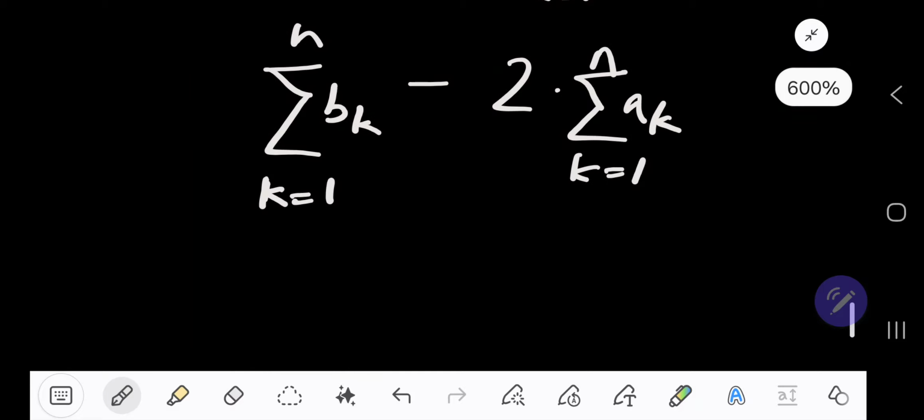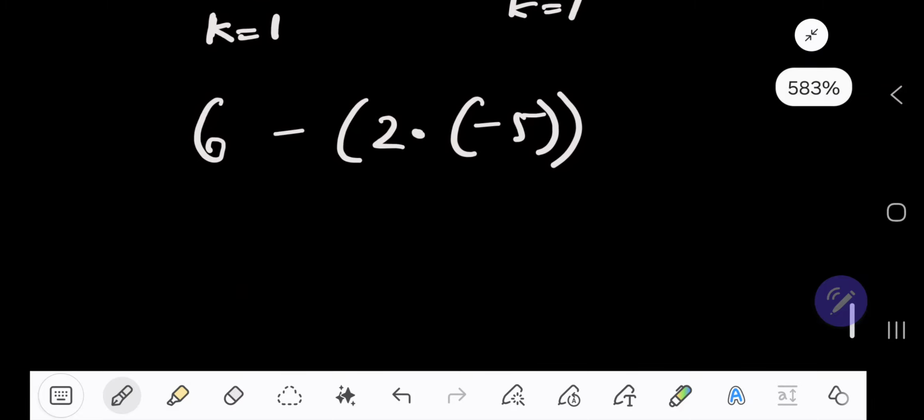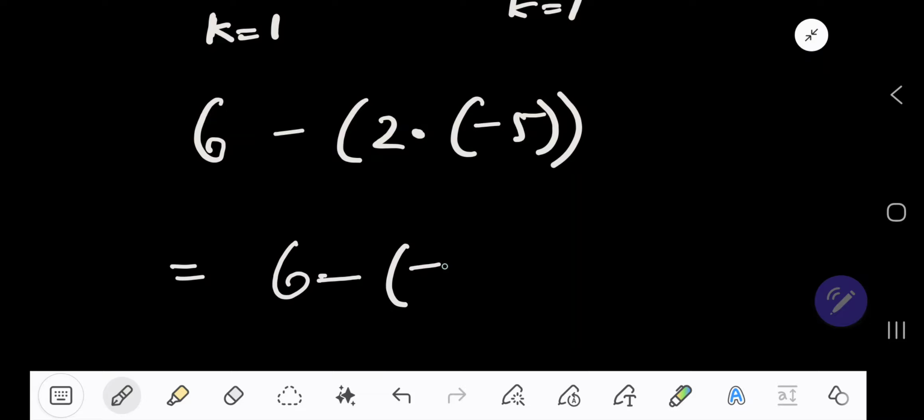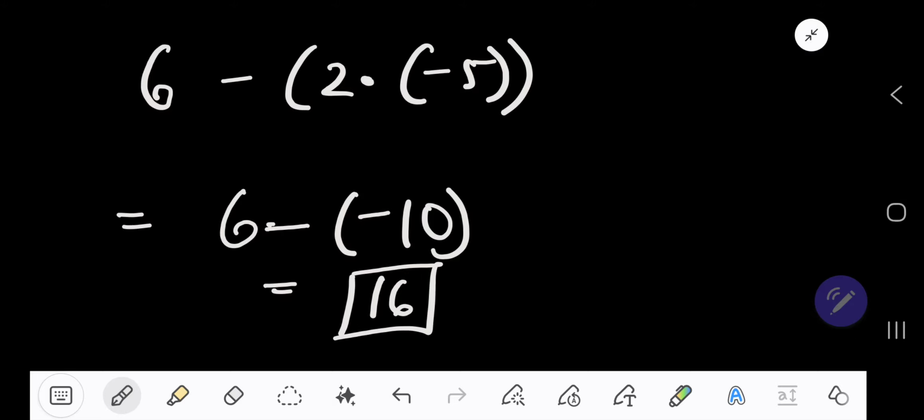The summation of bk is 6, minus 2 multiplied by the summation of ak, which is -5. So this equals 6 minus 2 times -5, which is -10. This equals 16. And that's the answer.